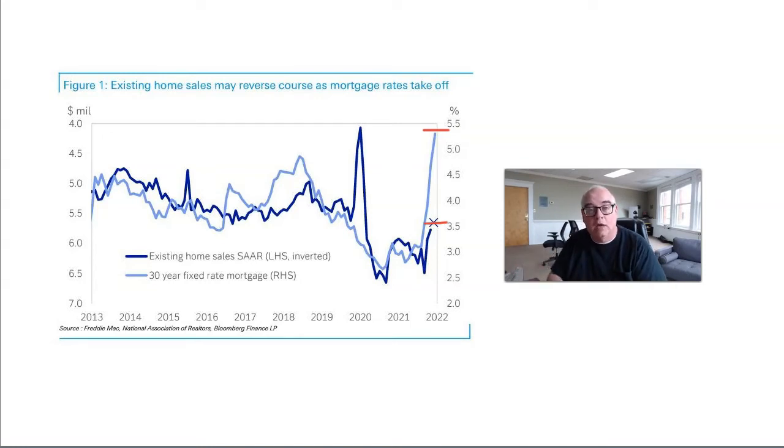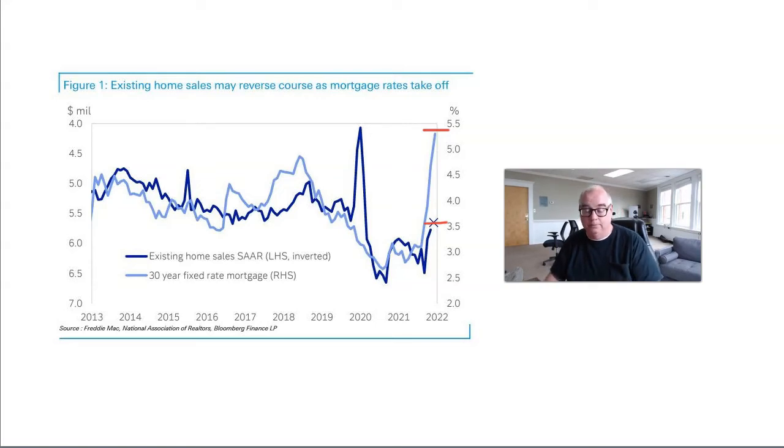In that way, you can visually see how, as interest rates are going up, home sales are declining. They just do it in a chart-like way so you can see that the line is basically headed in the same direction. As interest rates go up, existing home sales in this particular case decline.